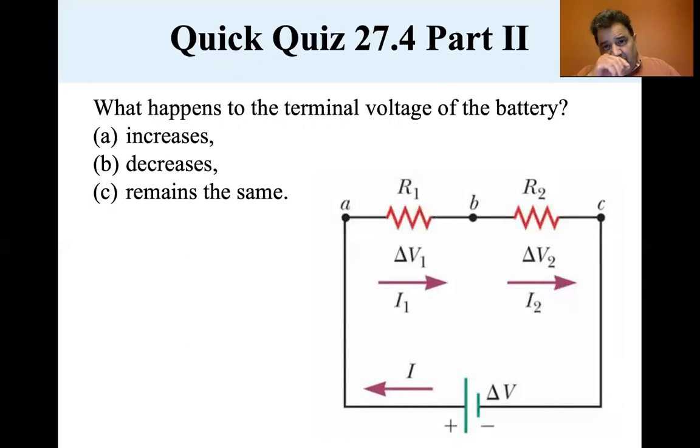What happens to the terminal voltage of the battery? If you're drawing less current, it's actually going to increase. The terminal voltage will increase because you're having less of a current draw on it.